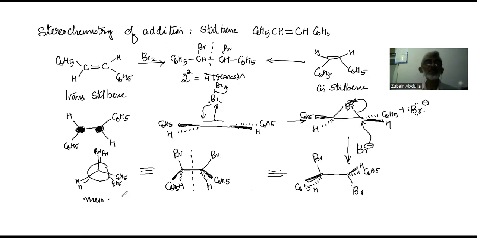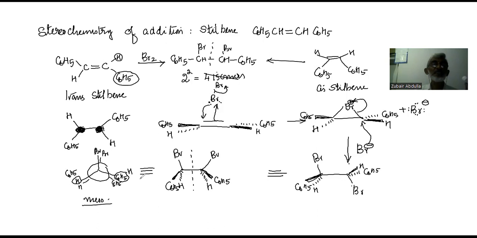Okay, so if you start with the trans stilbene, you will get the meso product. Suppose you start with the cis stilbene, you will get the opposite. What we have to do is only one thing, that is exchange this. No other change. So if you change this, this can be replaced by H, and this can be replaced by C6H5.